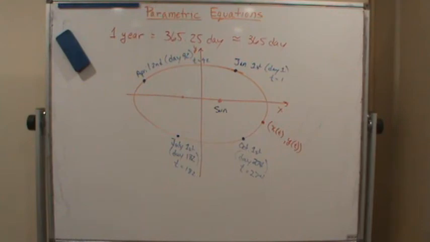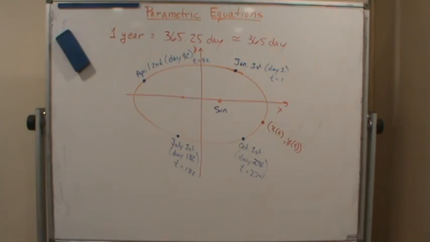So the variable t is called the independent parameter, and in this context represents time relative to the beginning of the year. So again, t is referenced as January 1st, t equals 1. And a curve in the xy plane can then be represented parametrically.